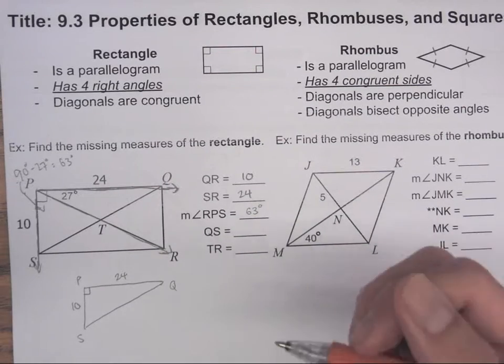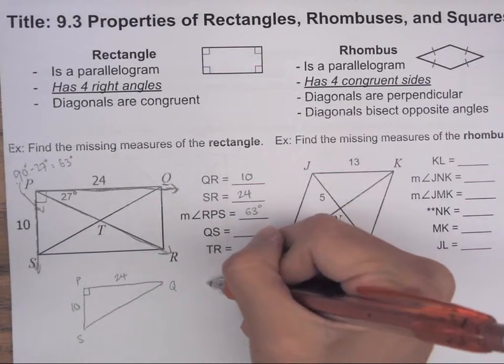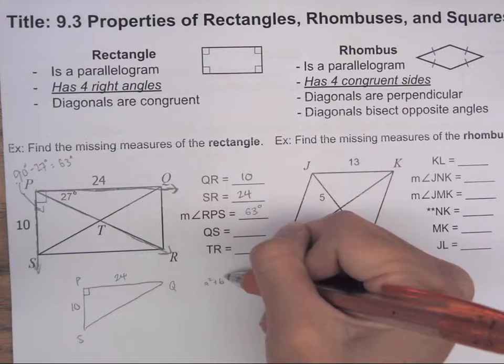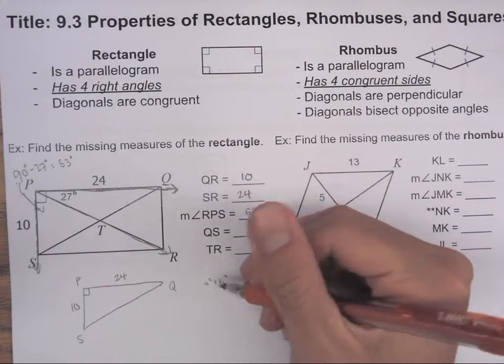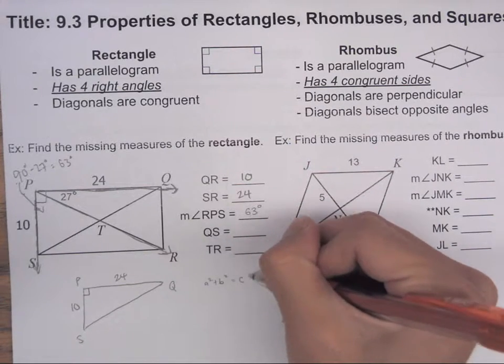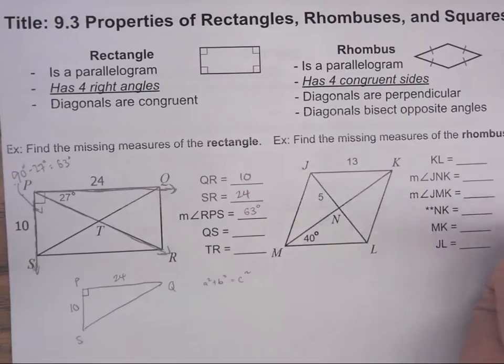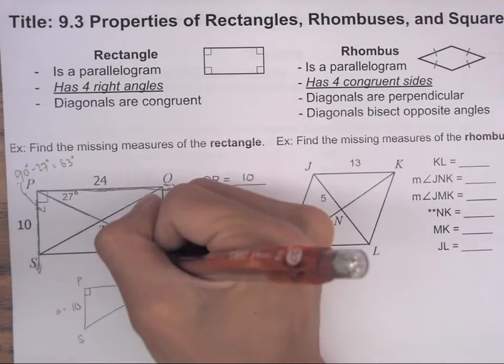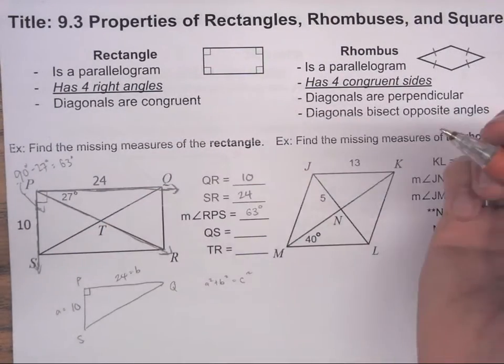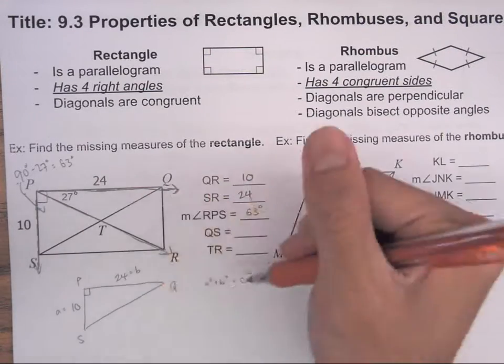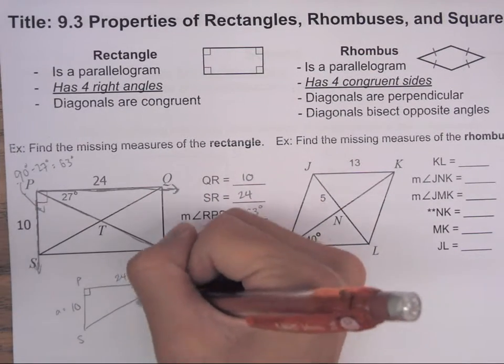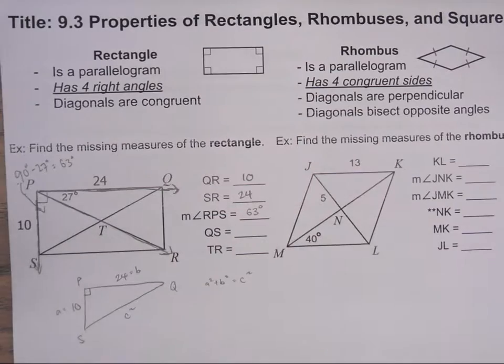The Pythagorean theorem says the sum of the squares of the two short legs is going to equal the square of the bigger one. So if this is A and this is B, those are my two shorter legs. If you square both of them and add them up, it should equal the longest side squared.